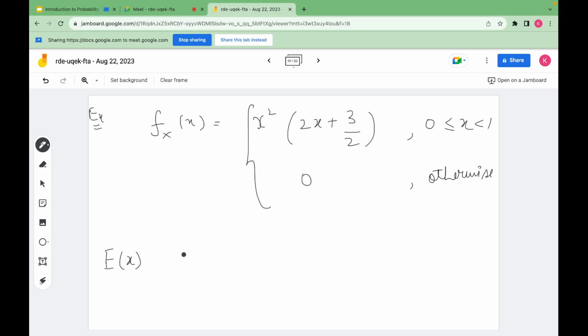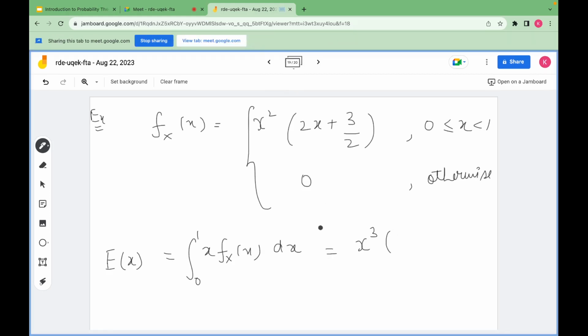Sorry, the expectation is equal to the integral of x f(x).